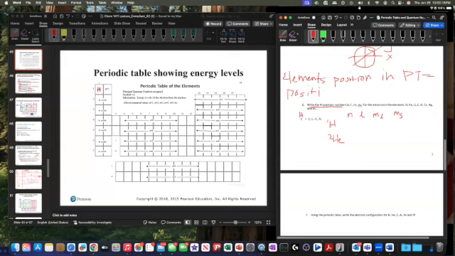So I don't mean valence electron because valence electrons can be many. I mean the last electron. Okay, how does this play out? Hydrogen only has one electron, so hydrogen is in the position of the first electron.